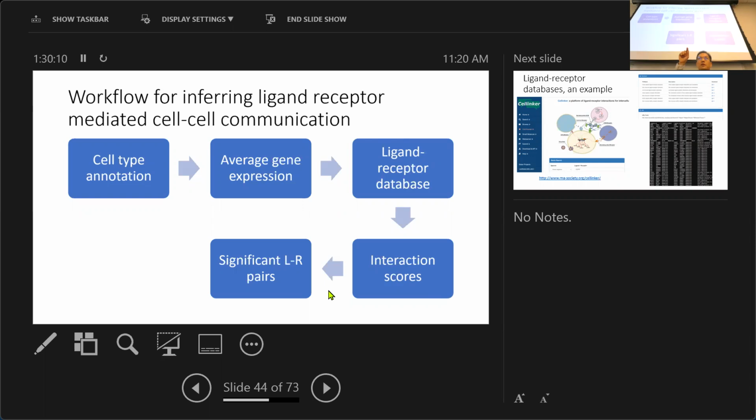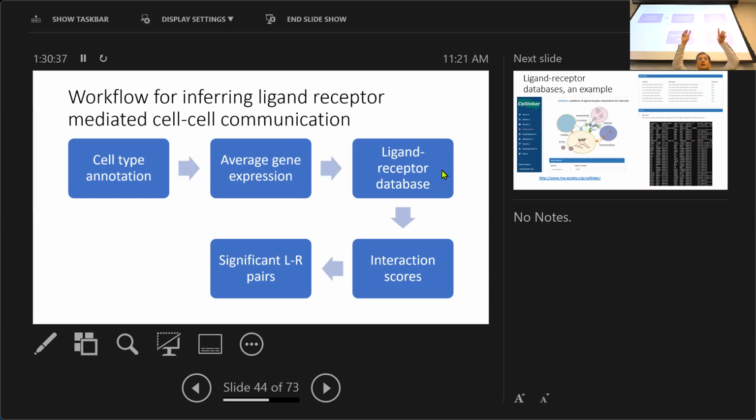Then you start to look at pairs between ligand and receptor. You get the ligand-receptor information from dedicated ligand-receptor databases. There are data sets people have already prepared for a lot of these ligand-receptor pairs. You know, okay, this gene and that receptor should communicate.